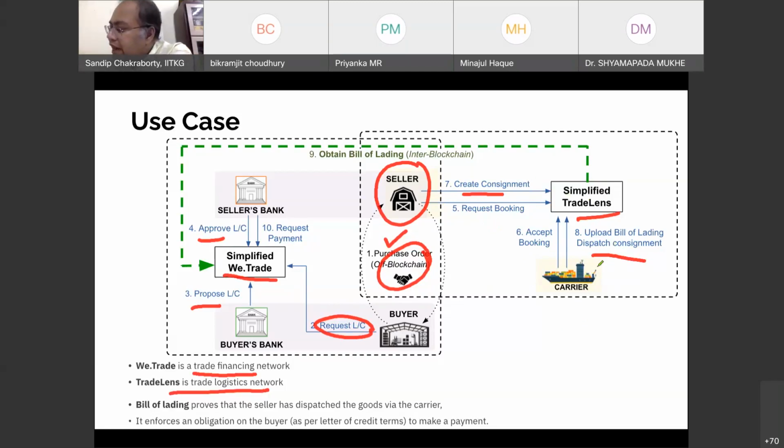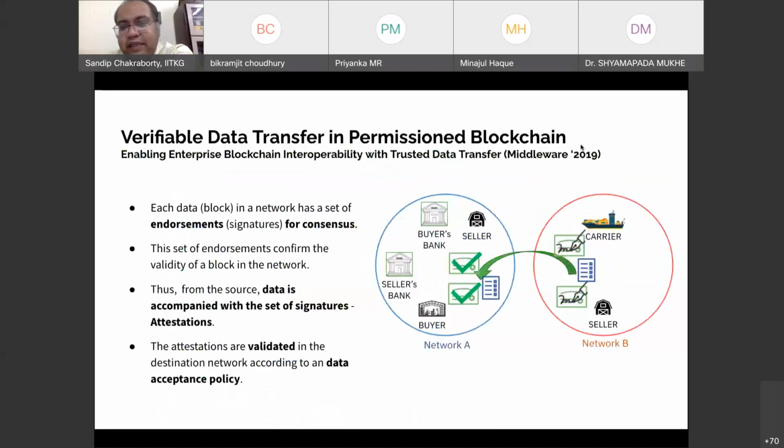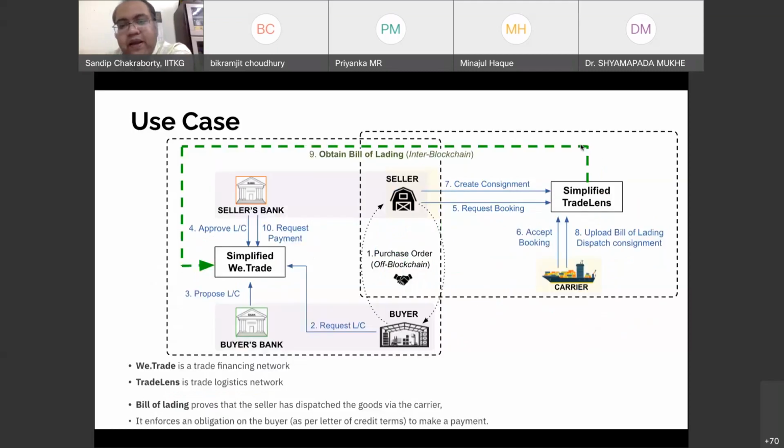Now, once the carrier submits this bill, this information needs to be transferred from the TradeLens network to the WeTrade network. Once this information is transferred, the seller's bank can request the payment.